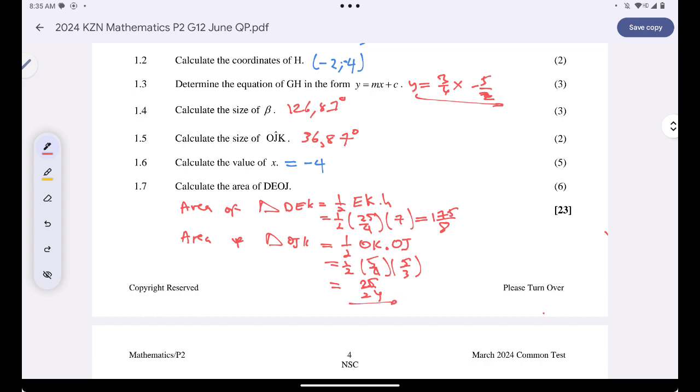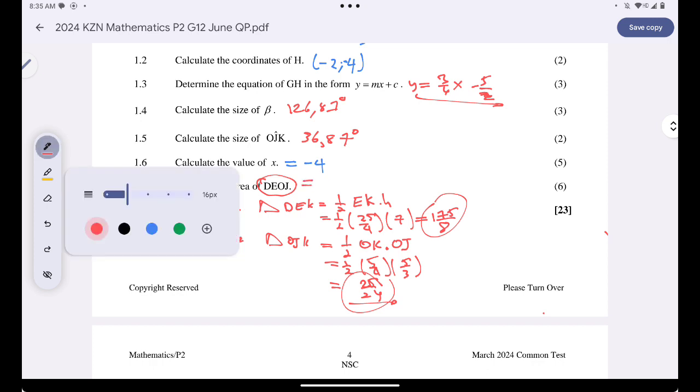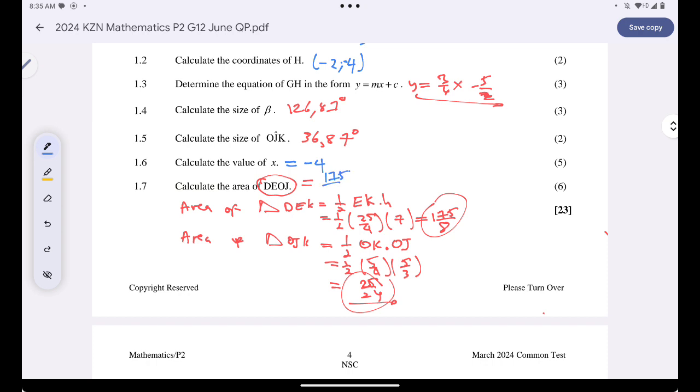And then the area of DEOJ will be the difference between the two. I'll simply write them in blue. I'll say 175 over 8 minus 25 over 24. What should I get?